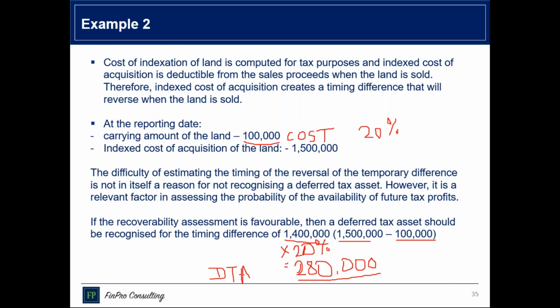Okay. Now, when will this deferred tax asset reverse? It will reverse when the company actually sells the land in a future period. So considering an example, next year this land is sold for 20 lakhs.